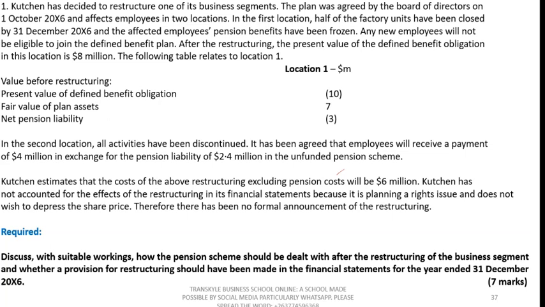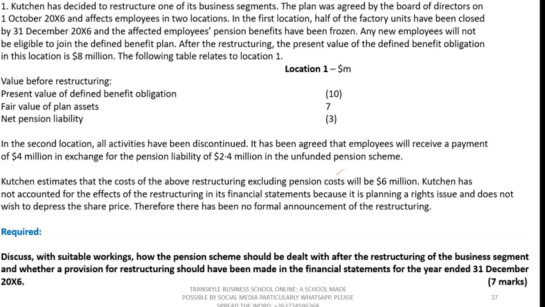Any new employees will not be able to join the defined benefit plan. After the restructuring, the present value of the defined benefit obligation in this location is 8 million. The following table relates to location 1.